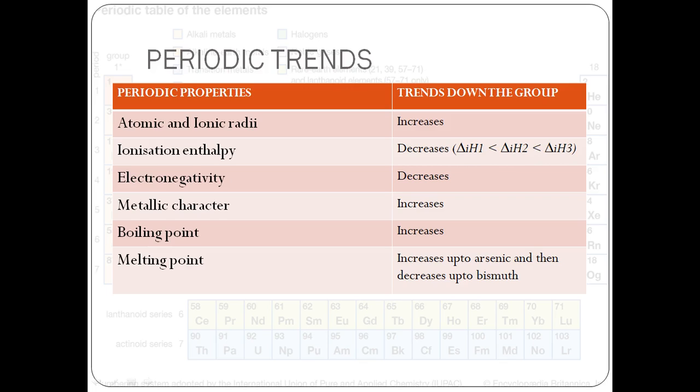Lower the ionization enthalpy, more will be the metallic character. Boiling point also increases down the group because of increase in atomic size. Melting point, however, increases up to arsenic and then decreases up to bismuth.